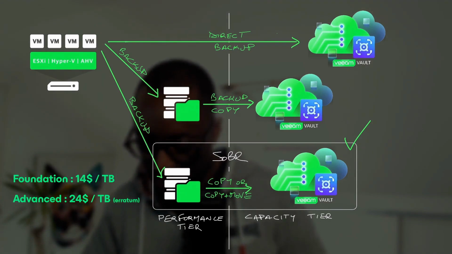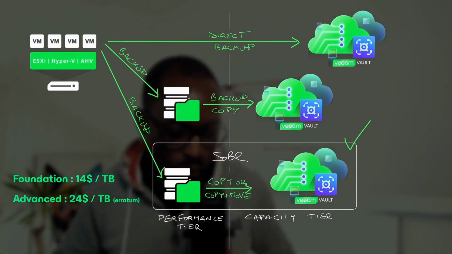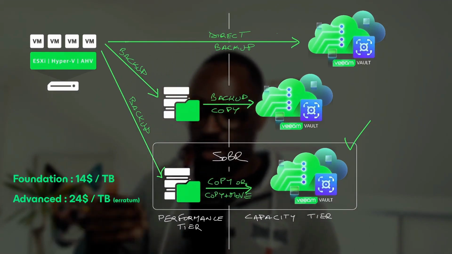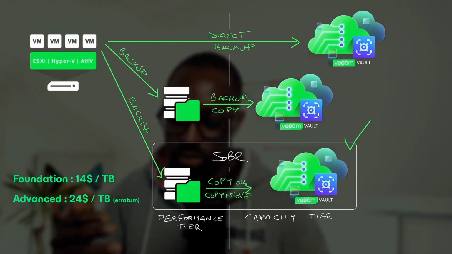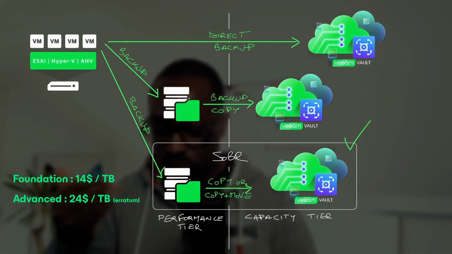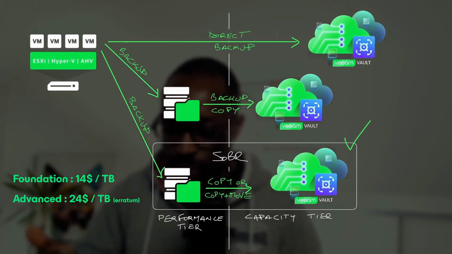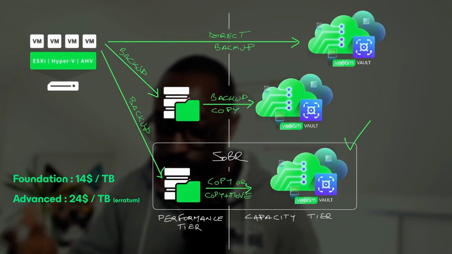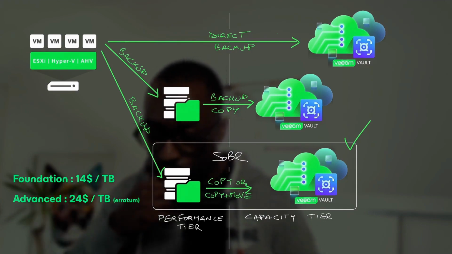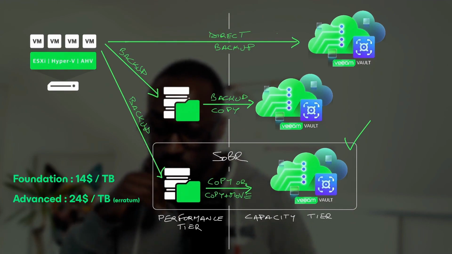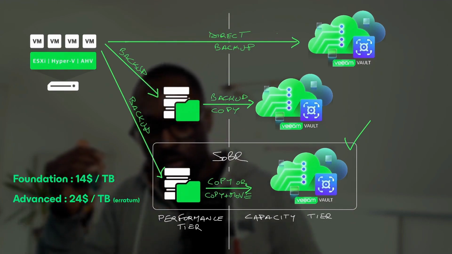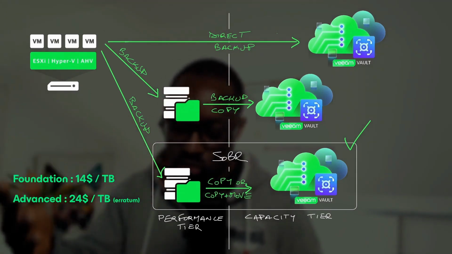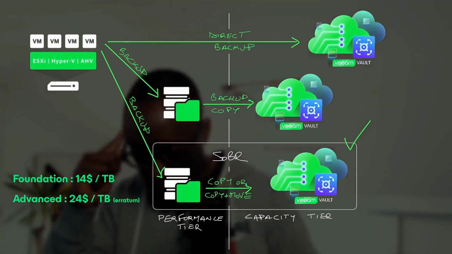There are also other differences regarding what we call fair use during restoration. This concerns the data flows, in other words, how much data you can restore without incurring additional costs. In the Advanced edition, everything is included, but with limits. You can restore 100% of the stored and backed up data. In the Foundation edition, there is a cap, a limitation of around 20% when it comes to restoration.